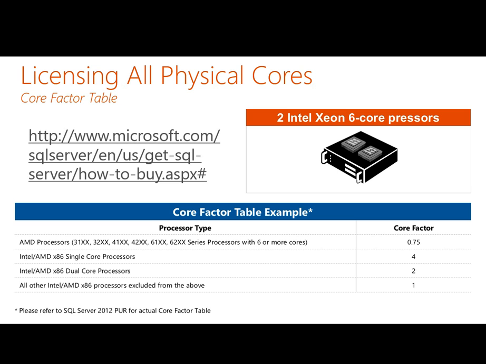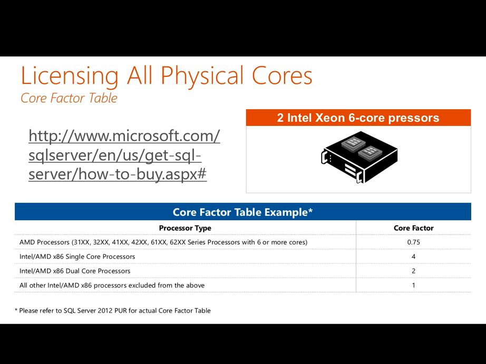If it's an Intel or AMD dual core processor, again almost an old processor as well, the core factor is 2. If it's none of the above, if it's not a dual core, not a single core, not an AMD 31 to 62 series, the core factor is 1. Again, if you want the link to the core factor table, it's on the screen now.